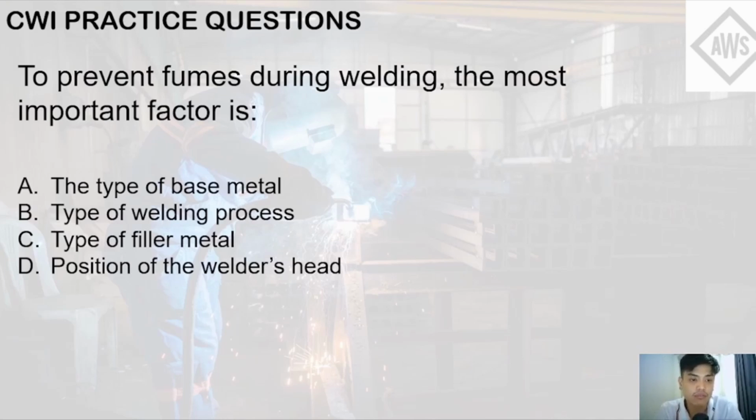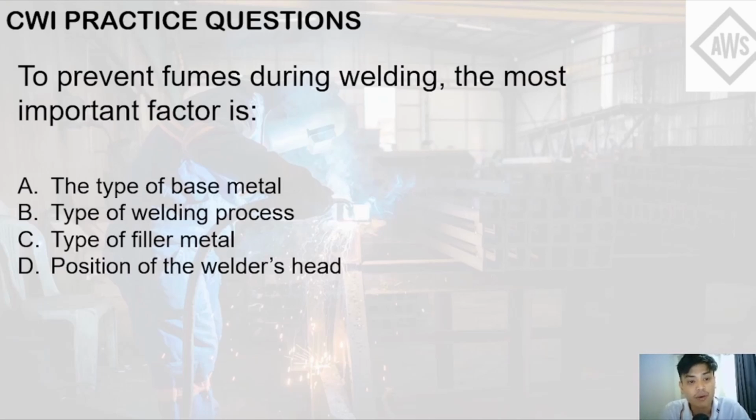Letter C, the type of filler metal. As I've mentioned, it depends on the composition of that filler metal. Letter D, the position of the welder's head. Now this is the most important factor to prevent fumes. For example, in the design of the welder's helmet, the ANSI standard for safety of welding has a clause wherein you need to conduct samples near the breathing zone of the welder's head.